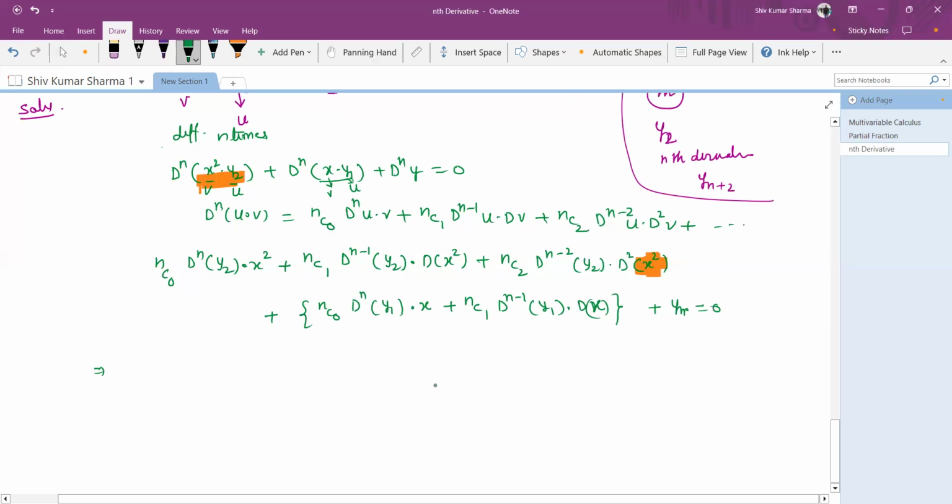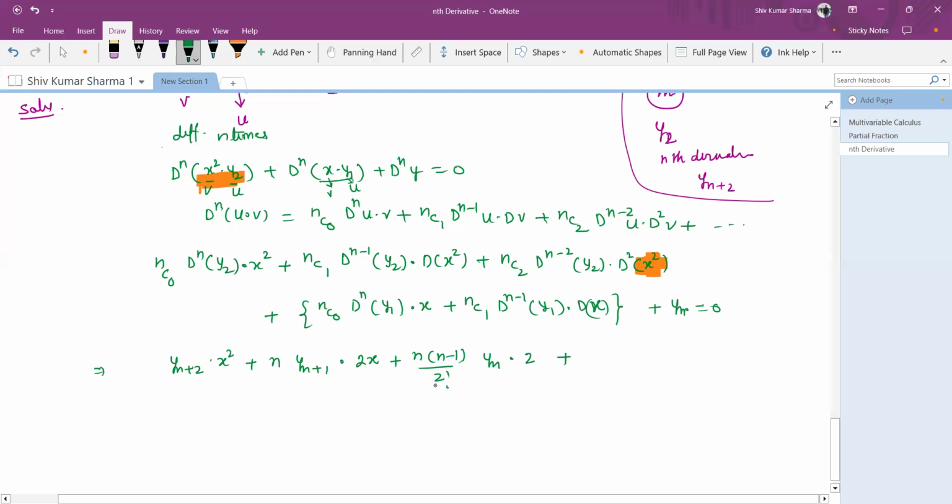The n-th derivative of y2 we write as yn plus 2 into x square. nc1 value is n and the n minus 1 time derivative of y2 is yn plus 1, into differentiation of x square, which is 2x, plus nc2 value is n(n minus 1) upon factorial 2, into the n minus 2 time derivative of y2 means yn, into the 2 time derivative of x square, which is 2.